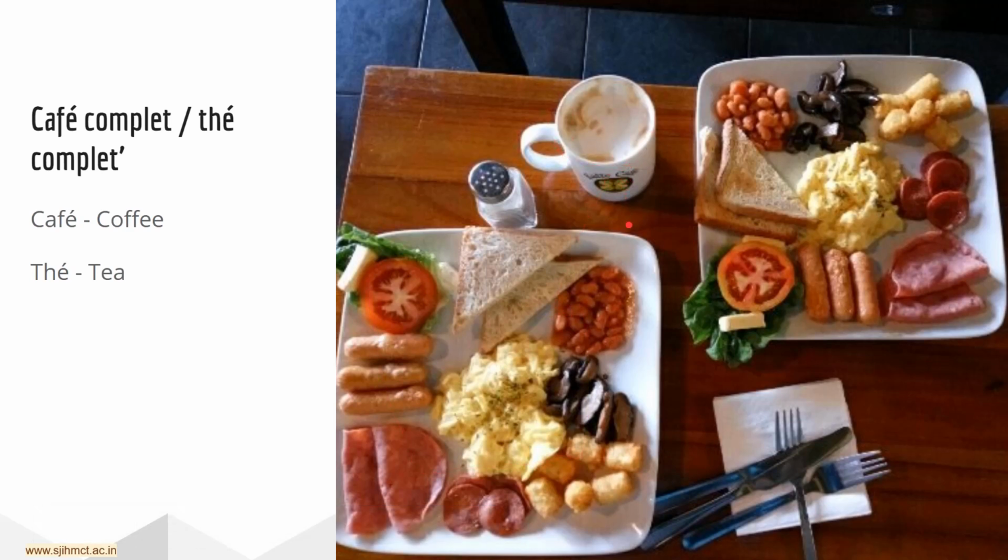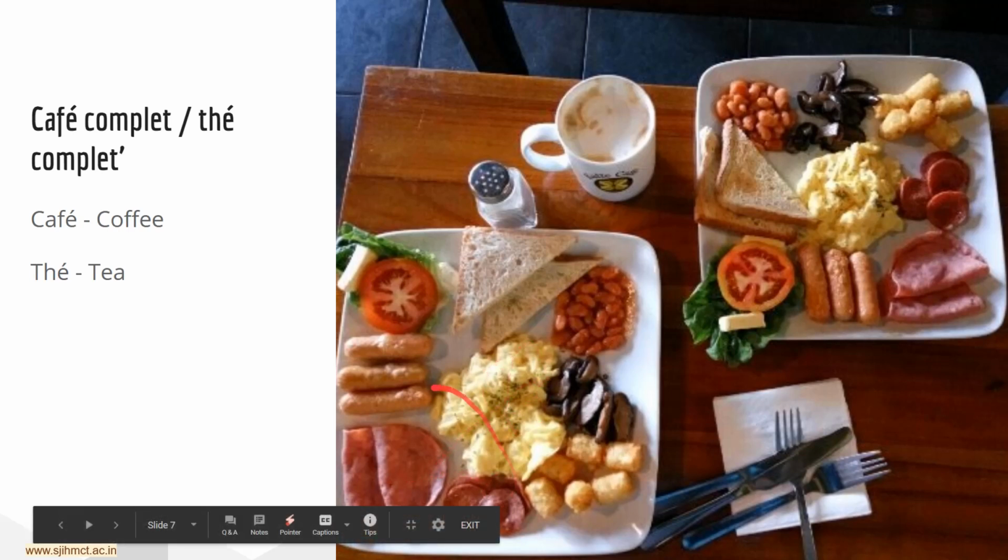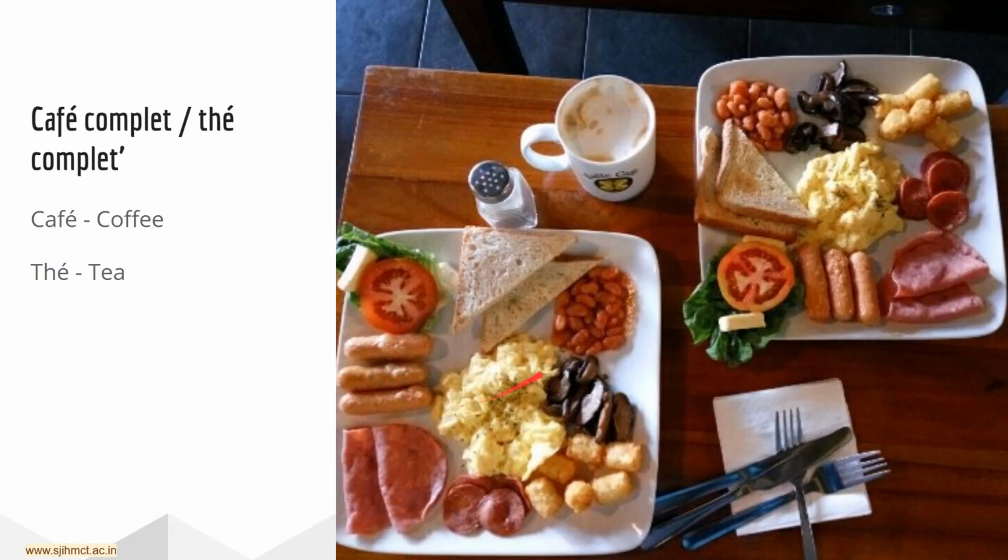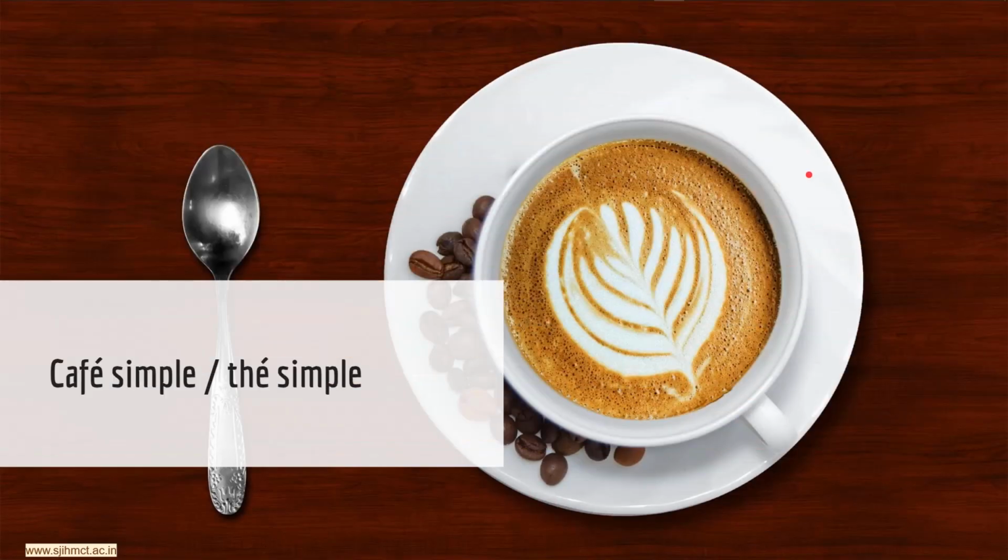As you can see in the picture, there is toast, salad, cheese, boiled beans, egg preparation, sausages, 2 varieties, and ham, along with a coffee.